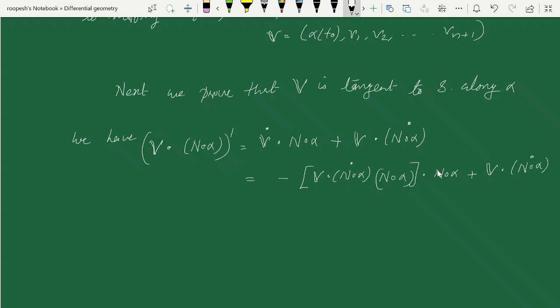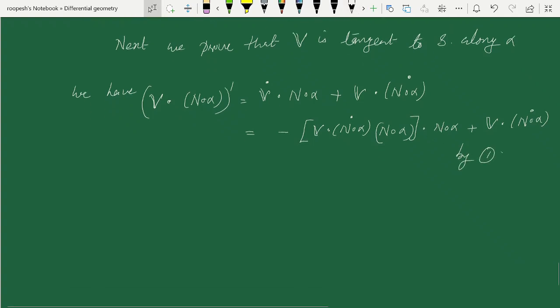From where did you get this? By equation 1. Now this is equal to minus of V dot n composition alpha dot plus V dot n composition alpha dot, right? So this will result in 0.